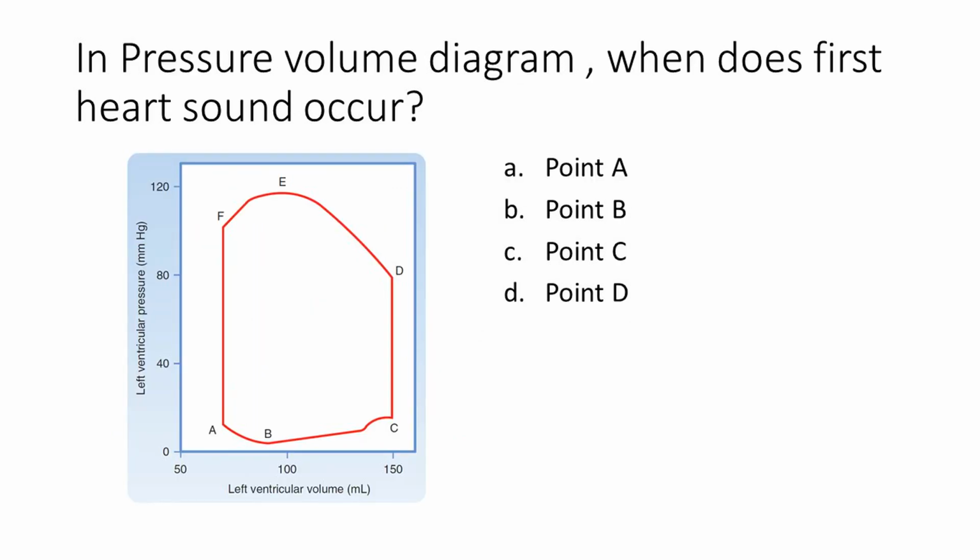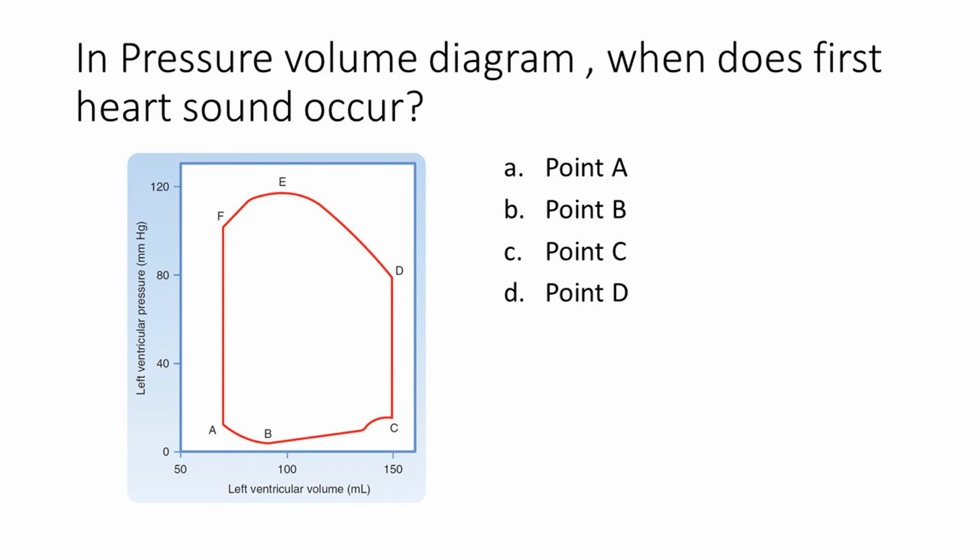Second MCQ: in the pressure volume diagram, when does the first heart sound occur? Here we can see the pressure volume loop, and in this loop we can see all the events that occur inside the left ventricle.